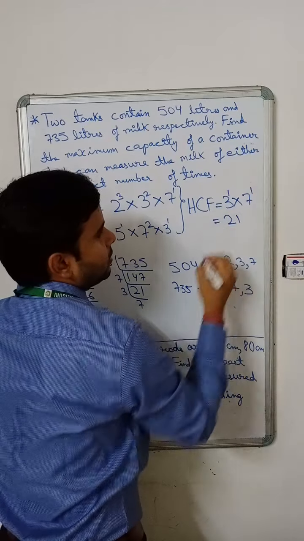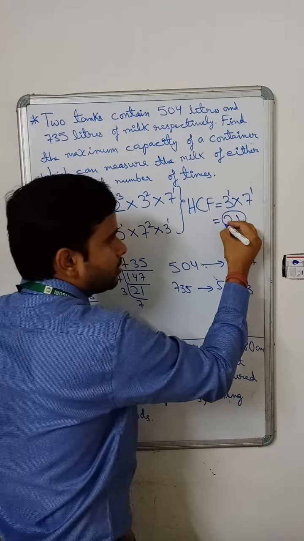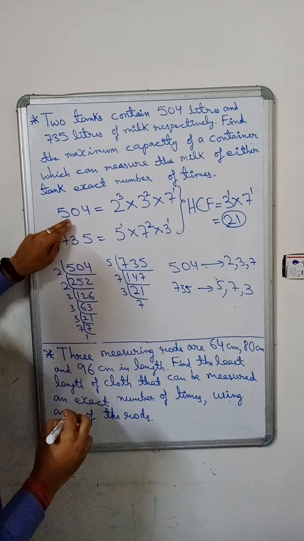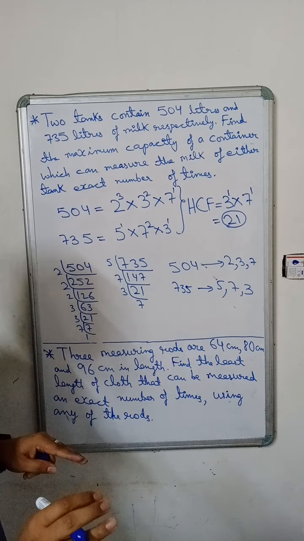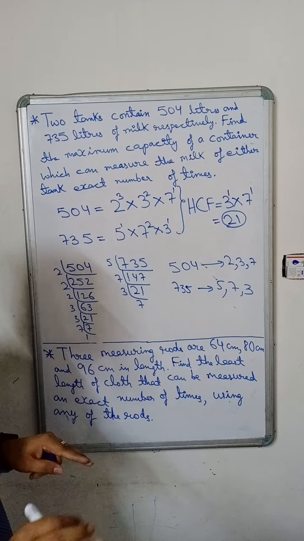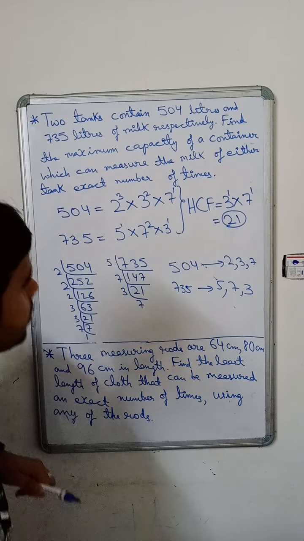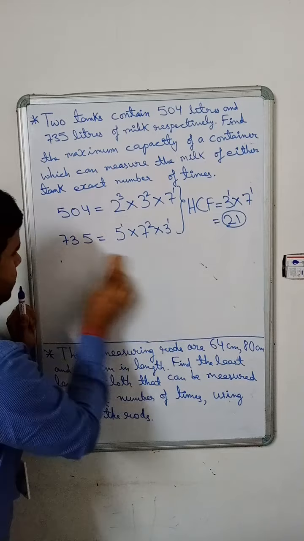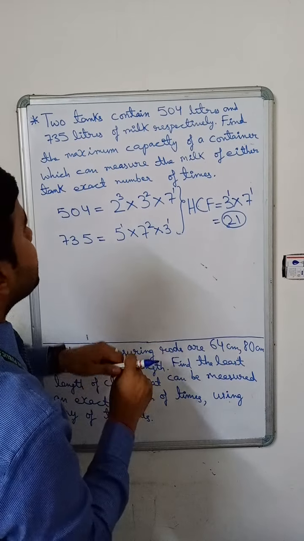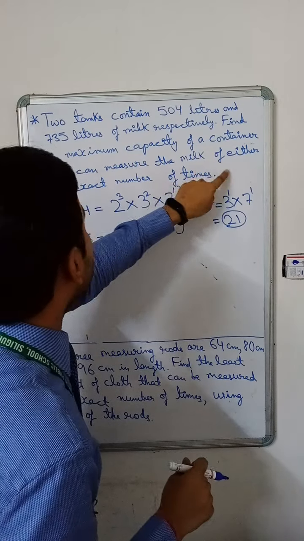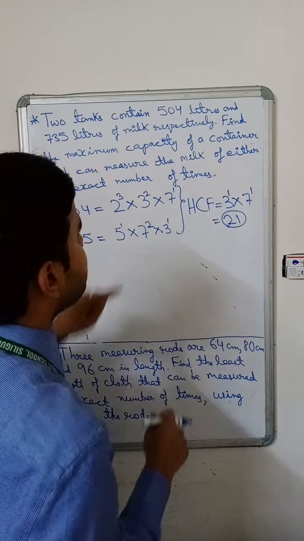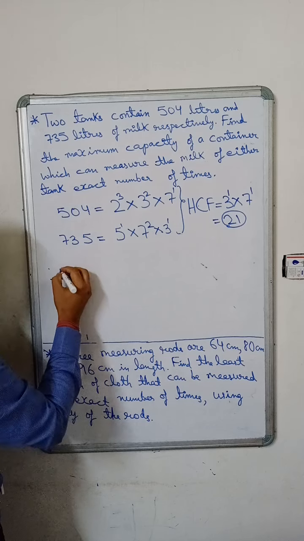So we have 21. So this is that number which divides 504 and 735 exact number of times without leaving any remainder. It means that the required maximum capacity of a container which can measure the milk of either tank exact number of times is 21 liters.